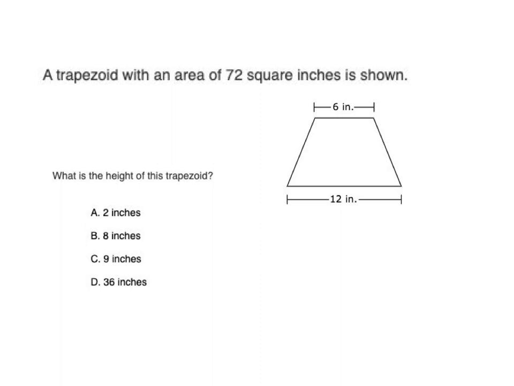All right, here's another one. A trapezoid with an area of 72 square inches is shown. What is the height? So we've got our formula. Now fill in what we know. 6 plus 12, those are our two bases.